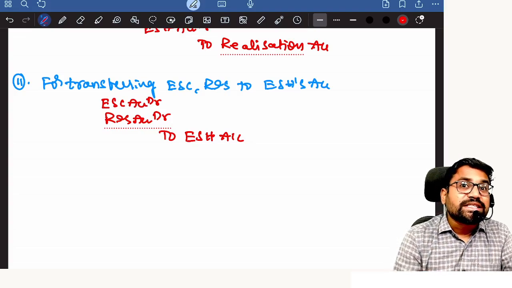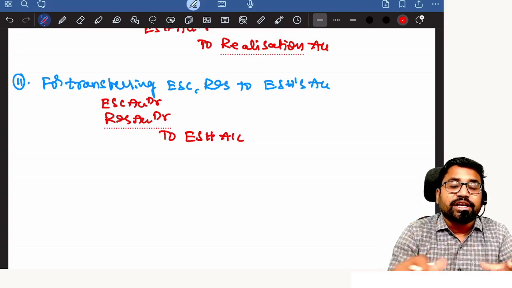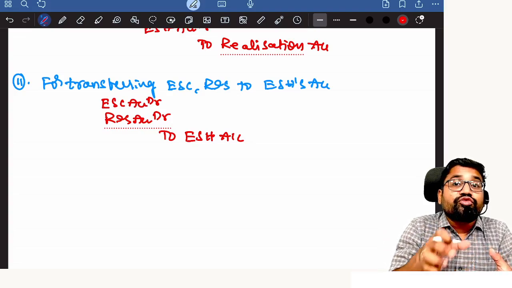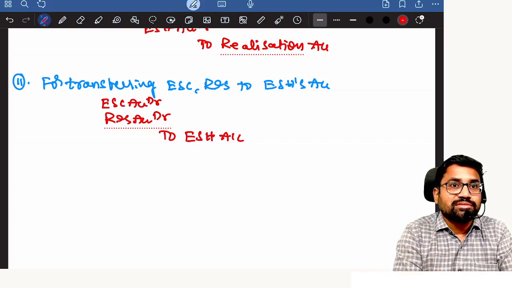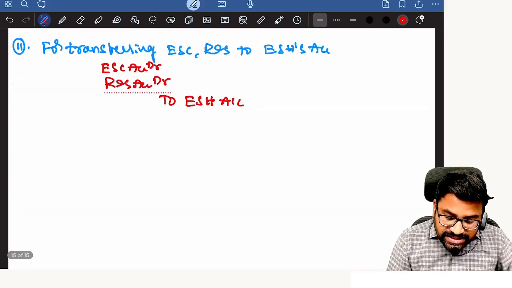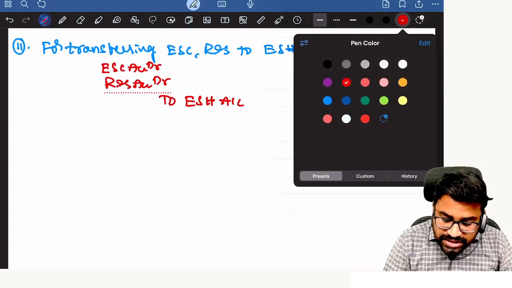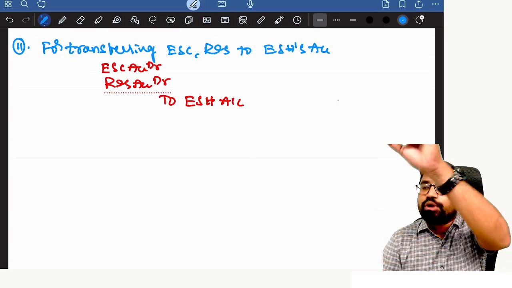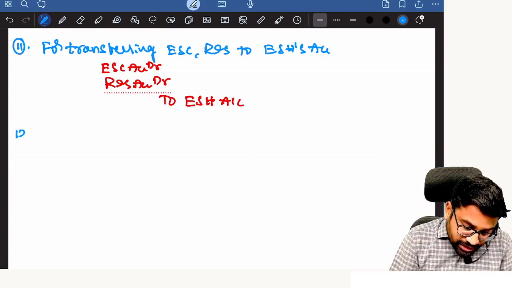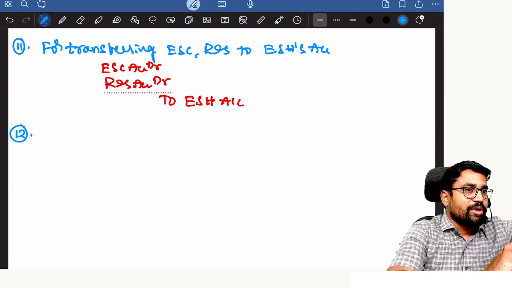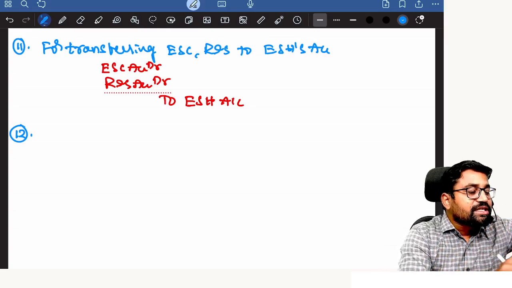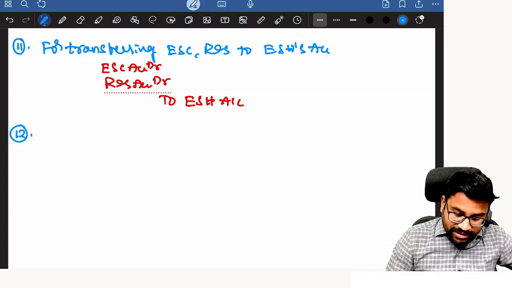They will be written off to equity shareholders only, because ultimately they need to bear the loss. So if any fictitious assets are there, we need to transfer them to equity shareholders. So first, the realization profit or loss will be transferred to equity shareholders. Later on, equity share capital, reserves and surplus will be credited to them.